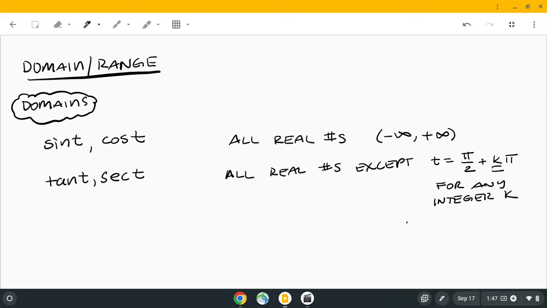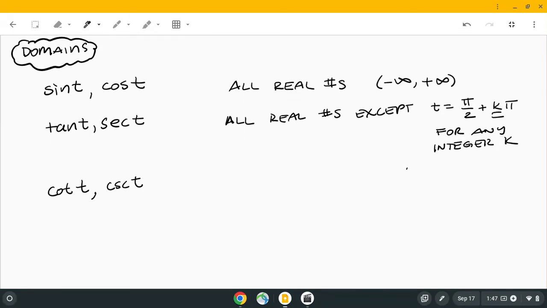All right. And then cotangent t and cosecant t. These are the ones that have sine in the denominator, right? Cotangent is cosine over sine, and cosecant is 1 over sine. So we don't want sine to be 0 because then we get undefined. So it's going to be all real numbers except t equals, when is sine 0?